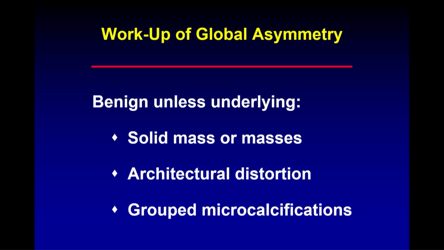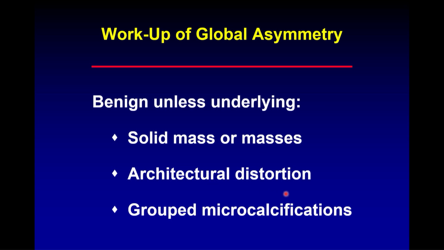If there's a substantial mass inside the one which is bigger, but it's not forming a border with fat, you're not going to see it. But when you do additional views and you do ultrasound on it, you will see it. And that will account for the global asymmetry. But then you're not dealing with a workup of a global asymmetry, you're dealing with a workup of the underlying mass, and you've got the right answer.